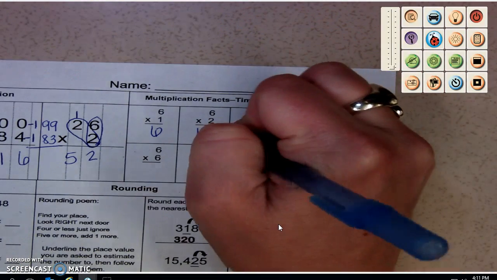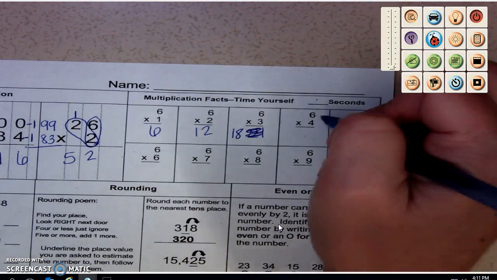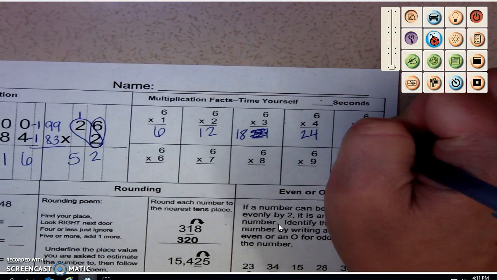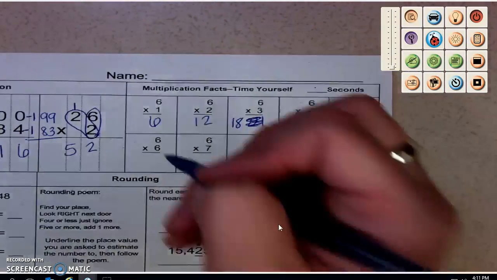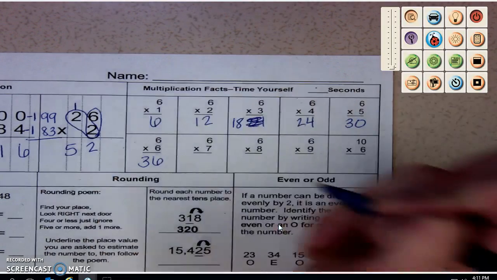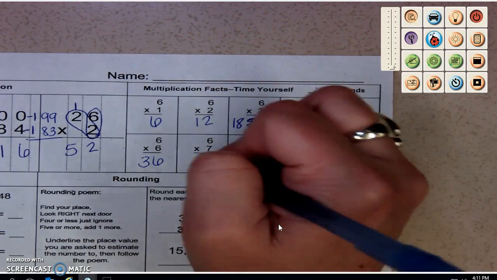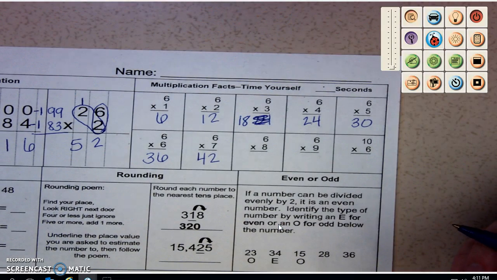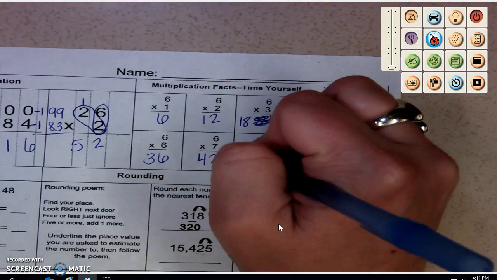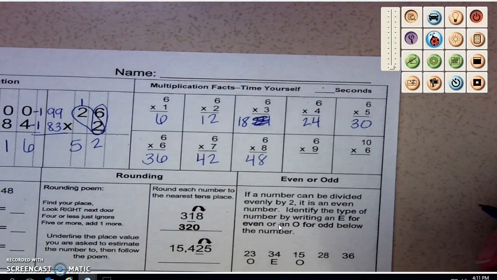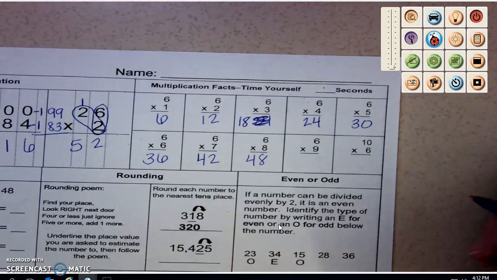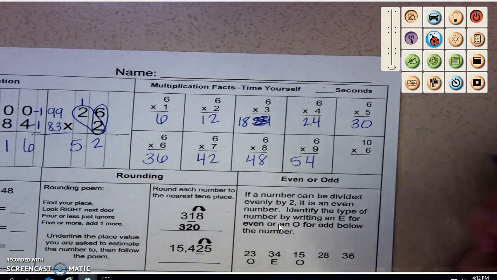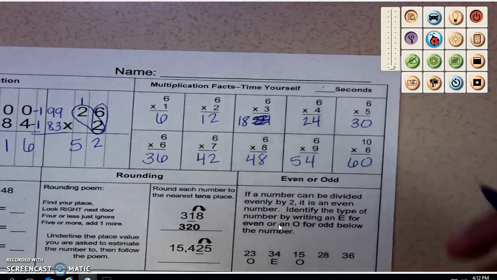Sorry, this is 18. 6 groups of 4 is 24. 6 groups of 5 is 30. 6 groups of 6 is 36. 6 groups of 7 is 42. 6 groups of 8 is 48. 6 groups of 9 is 54. And 10 groups of 6 is 60.